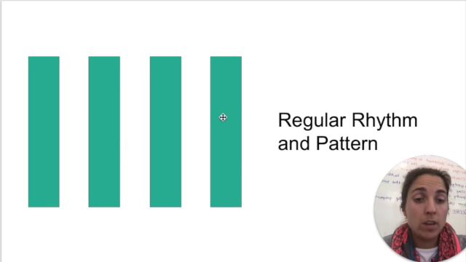So it's a regular pattern because it's the exact same motif being repeated in a very predictable manner. Likewise, the spaces that exist between our rectangle motifs are regular. The spaces are very uniform. It's the same width, it's the same height that exists between each of these rectangle motifs. So therefore we have a regular rhythm and a regular pattern.